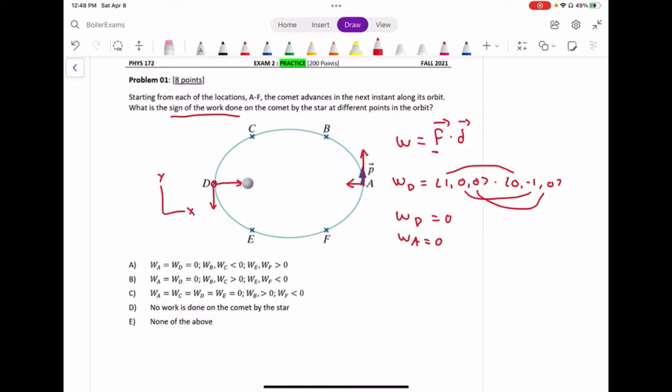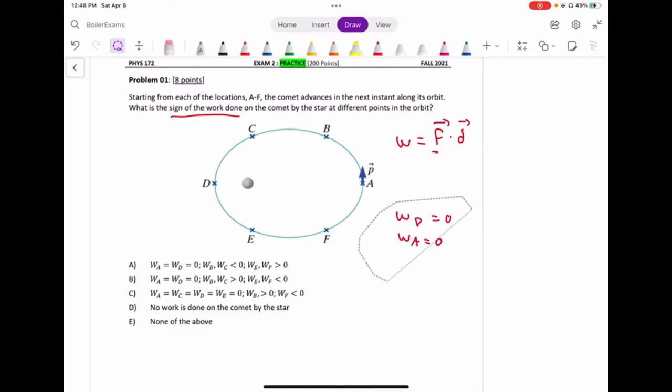Okay, let's take a look at C now. So we know A and D are 0. What's the force vector at C going to look like? It's going to look something like that. And then our displacement's going to be in that direction. So let me make some dummy example vectors again.